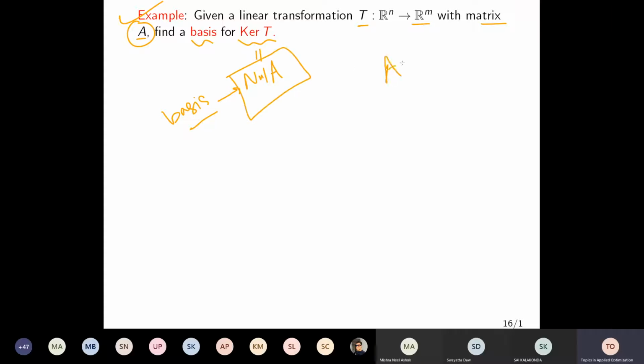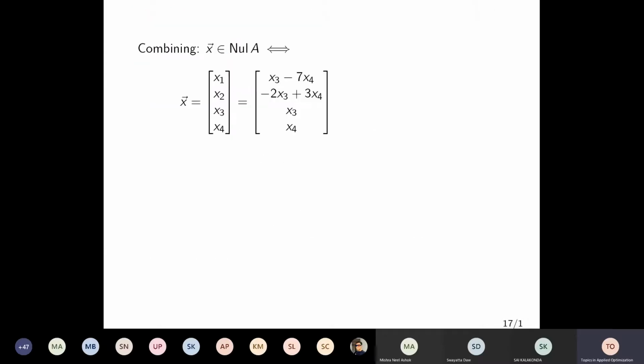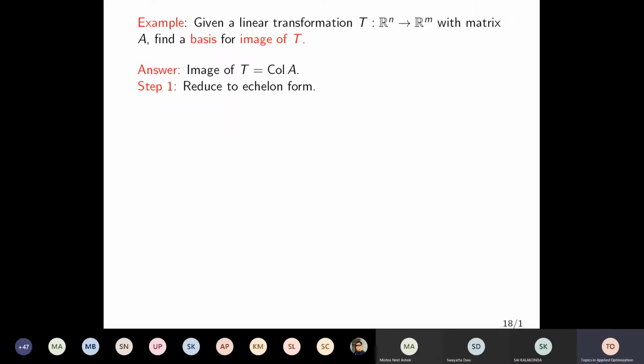OK, so solve Ax equal to 0, find the free variables and write the solution using the span of the vectors obtained from the free variables and so on. So we have done this. It's nothing but the null space, and we can safely skip this.